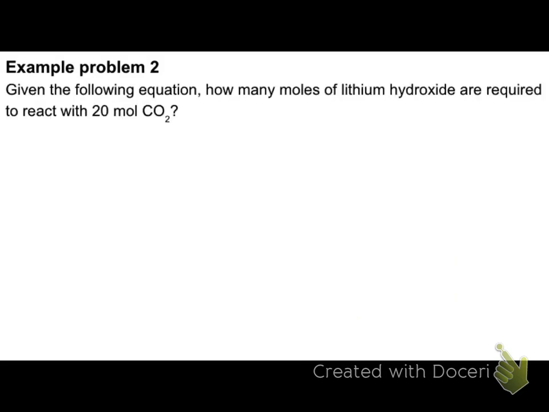So, to practice this, I'm going to give you an equation, and I want to know how many moles of lithium hydroxide would be needed in order to react with 20 moles of carbon dioxide. So in this equation, you'll see that both carbon dioxide and lithium hydroxide, which is this substance right here, are both on the reactant side.